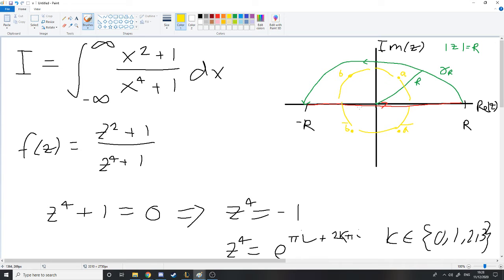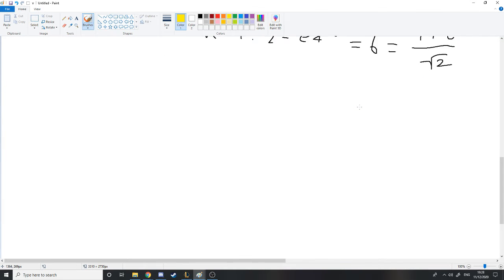We're going to use Cauchy's integral formula.